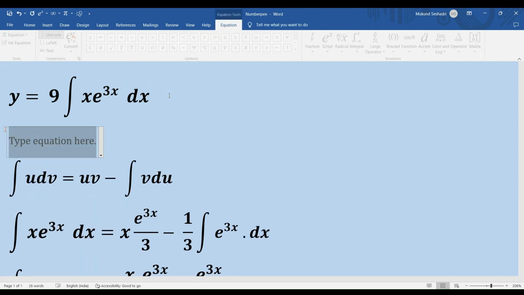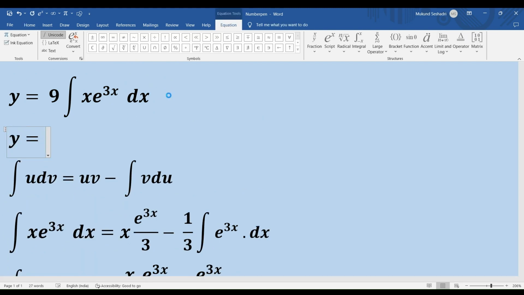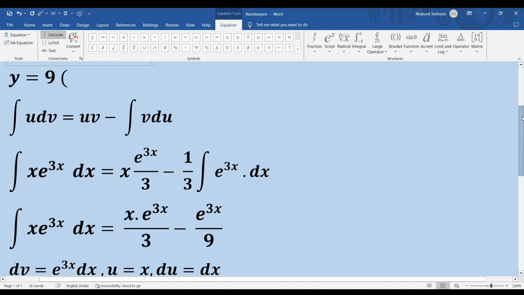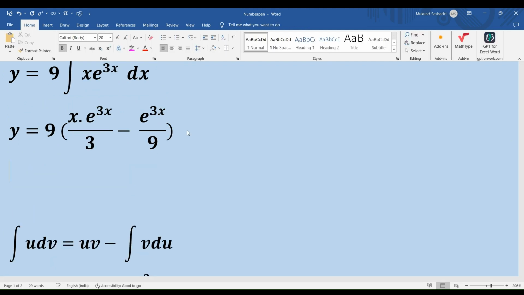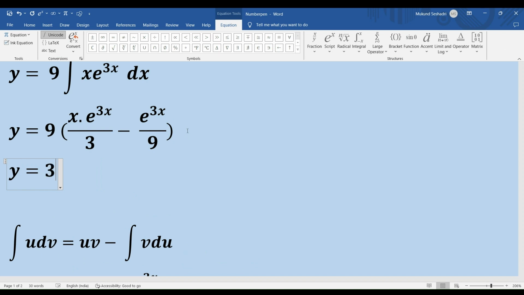Now I go back to my y. I rewrite my y as follows. My y equals 9 times this, which is what I worked out, the integral of x e to the power 3x dx. Now I know that I can do a little bit of simplification. The first part of the expression becomes 3 times x into e to the power 3x.